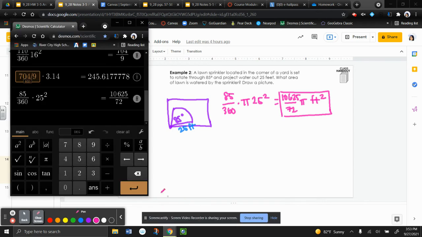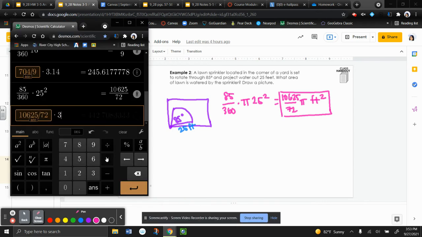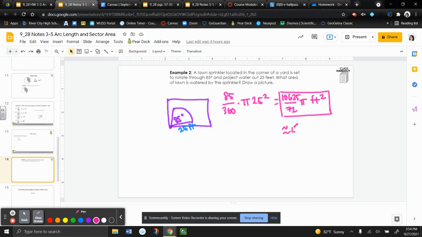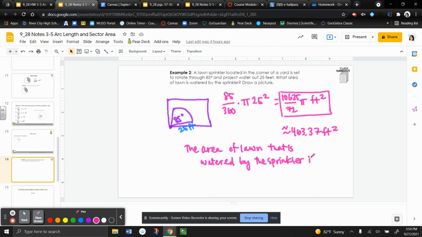To get our approximate answer, we're going to take that and multiply by 3.14. 463.37. So I'm going to say the area of lawn that is watered by the sprinkler is 463.37 feet squared.